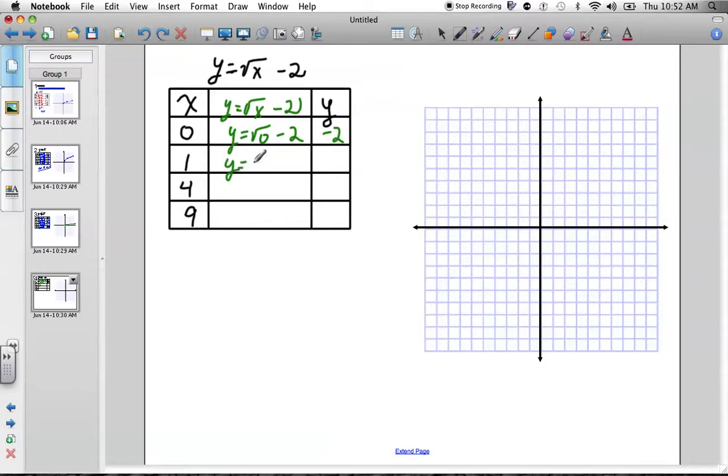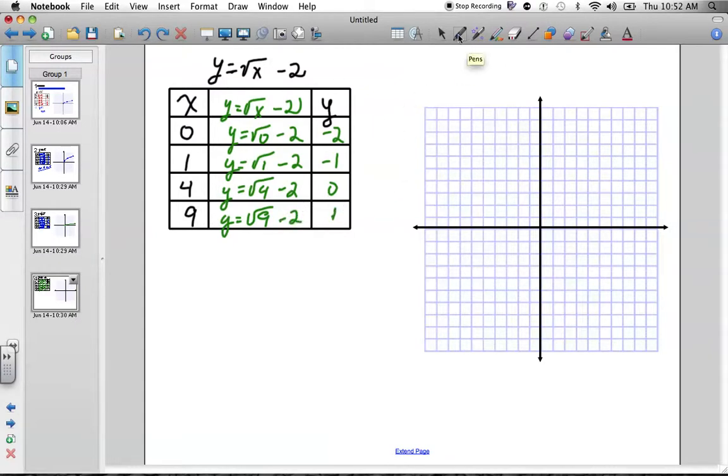When we put in 1, the square root of 1 is 1. 1 minus 2 is negative 1. When we put in 4, the square root of 4 is 2. 2 minus 2 is 0. And when we put in 9, the square root of 9 is 3. 3 minus 2 is 1.